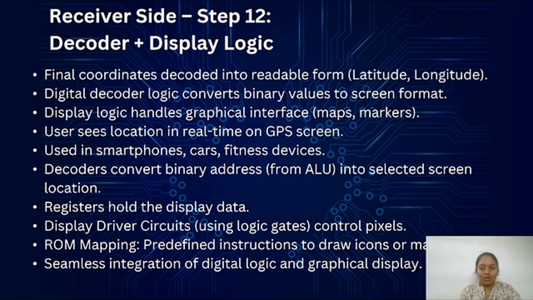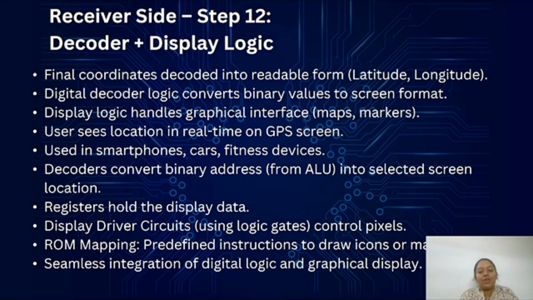The decoder converts the binary coordinate value into a readable format, such as 28.70141. After that, display logic gets activated, which draws maps, markers, and navigation arrows on the screen.